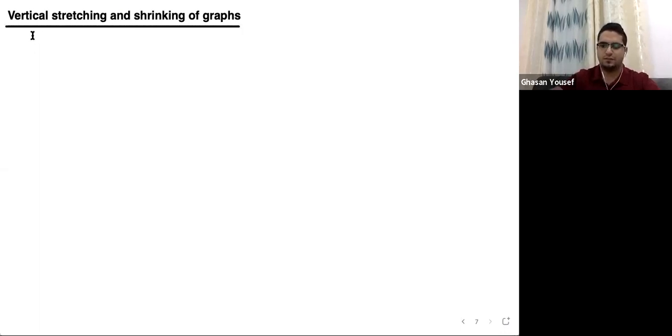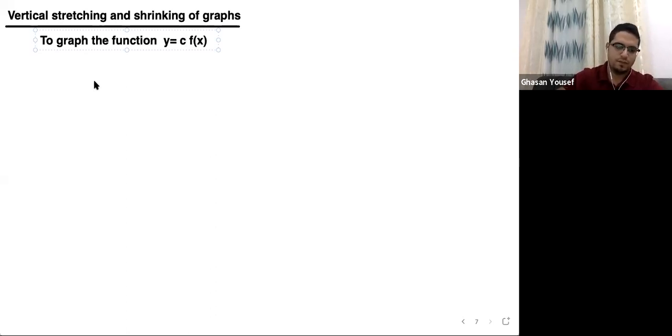So to graph the function y equal c times f of x, it depends on the value of c. First of all, look, the c is outside the function f of x, it's not inside.